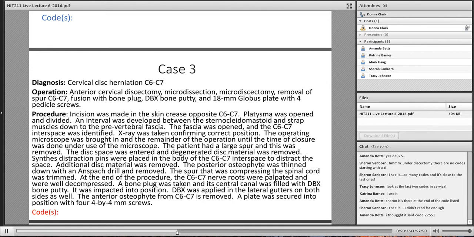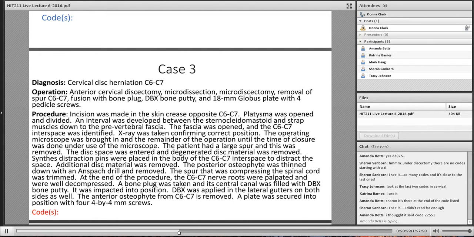But it says if we're going to report the anterior cervical discectomy, which we have, and we have an interbody fusion, if we're reporting them at the same level during the same session, we're going to use 22551. Right. So the note says do not report 63075 in conjunction with 22554, even if performed by separate individuals. To report anterior cervical discectomy and interbody fusion at the same level during the same session, use 22551.